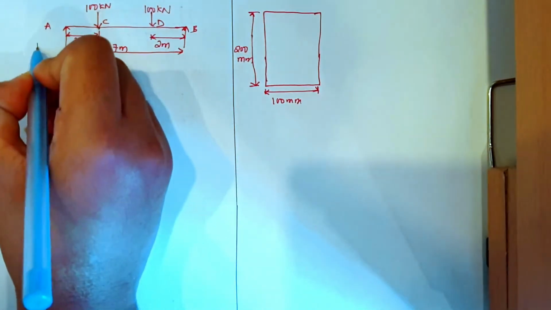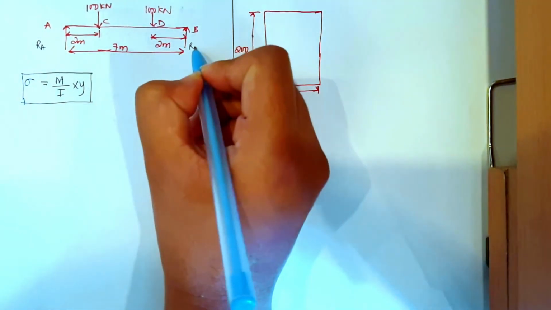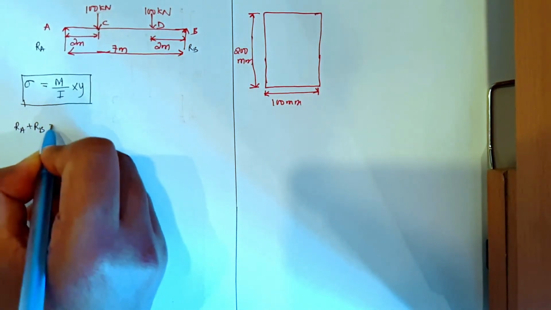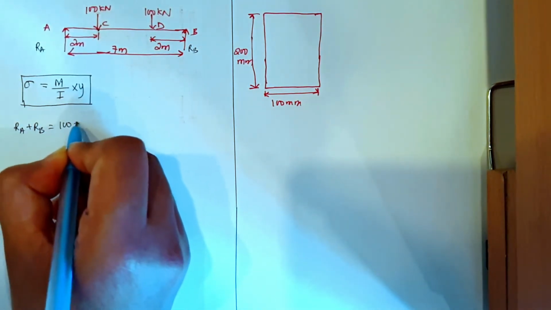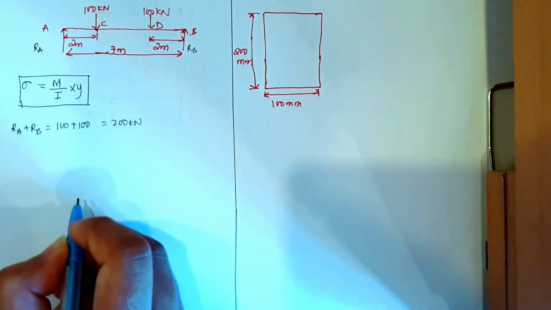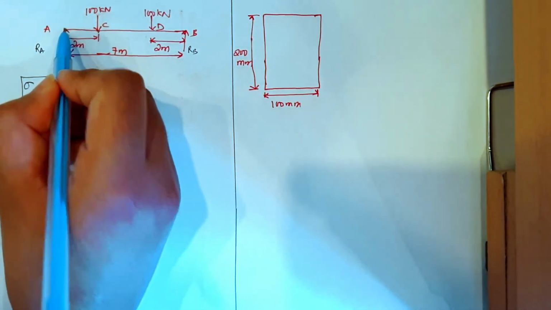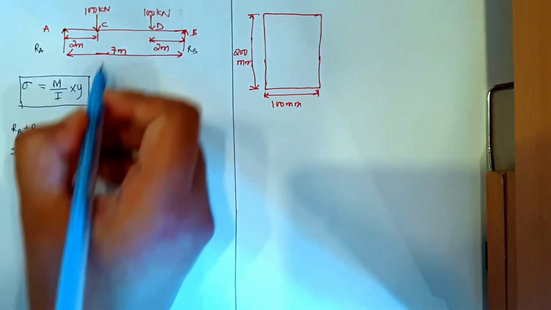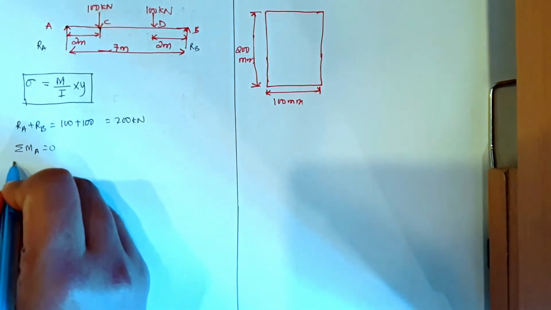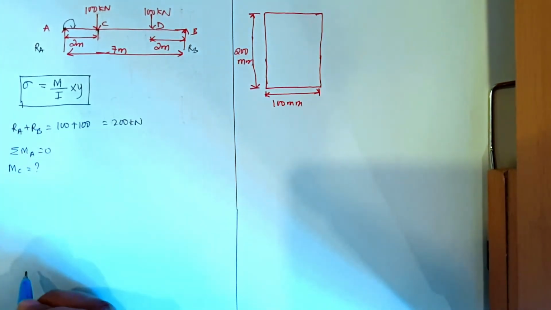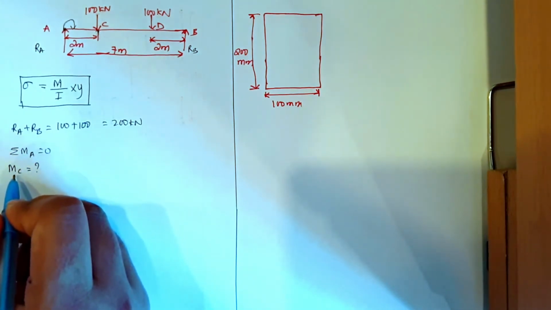So yahan par RA reaction aayenge, RA yahan par RB, right? So RA plus RB will give you 100 plus 100, which is equal to 200 kilonewton. Now if I take this point as my reference point for summation of moment about A equals to 0, now I want to find moment at C. Moment at C will be equal to, I need to find moment at C, right?